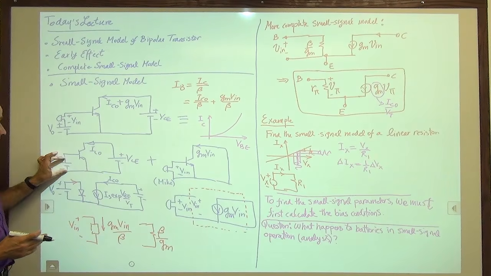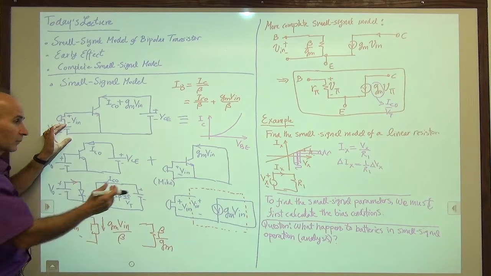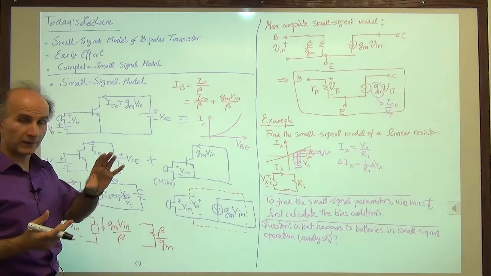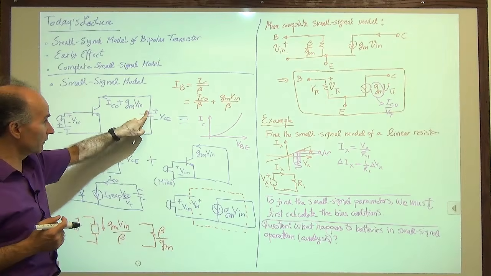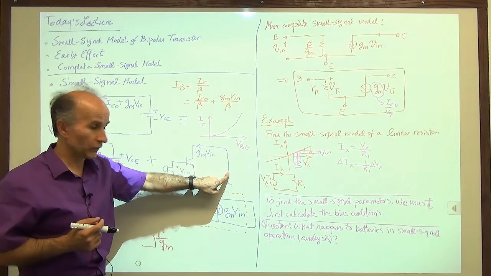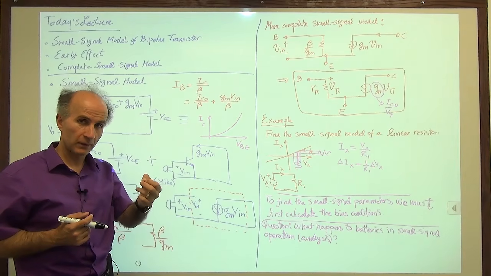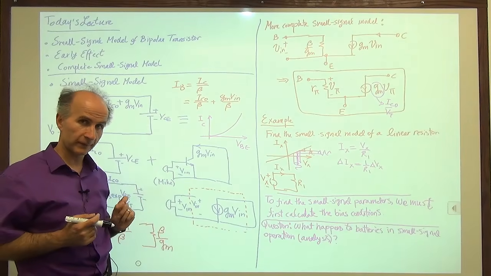A battery doesn't have perturbations. A battery has a constant voltage, so it does not play a role here. A battery does not carry a signal, right? It's always constant. Similarly, for this voltage. So this voltage eventually became a short here, because when we set a voltage source to 0, by definition, we must replace it by a short circuit.